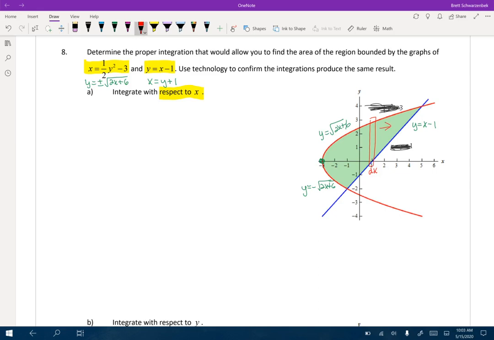But if you keep going to the left, when you cross over this right here, then we have a very big problem. We end up with a different representative rectangle on this side, where the upper function is positive root 2x plus 6, and the bottom function is negative root 2x plus 6. So it can get very nasty.